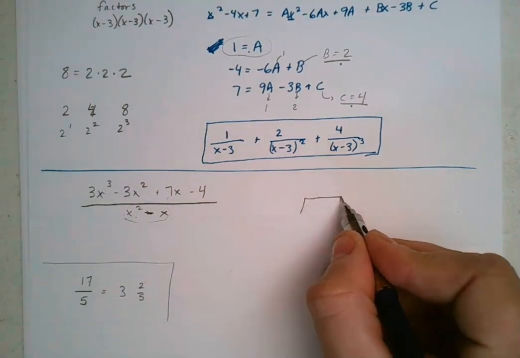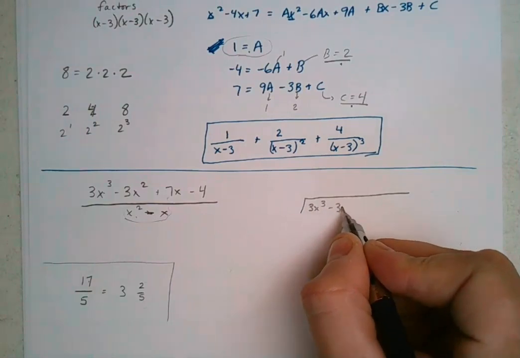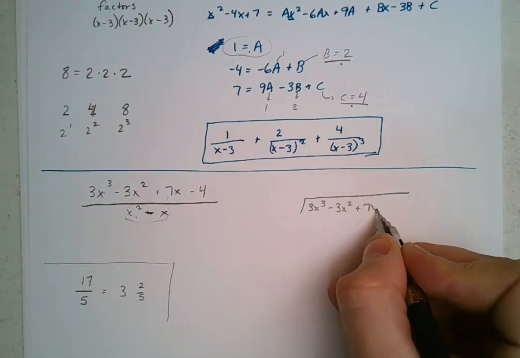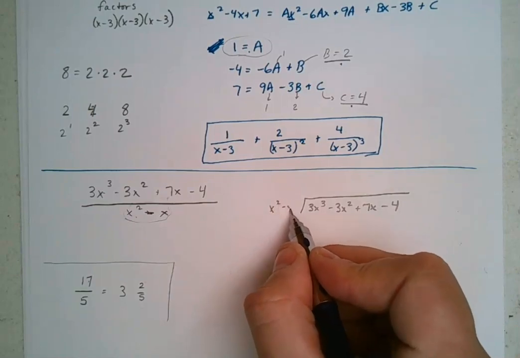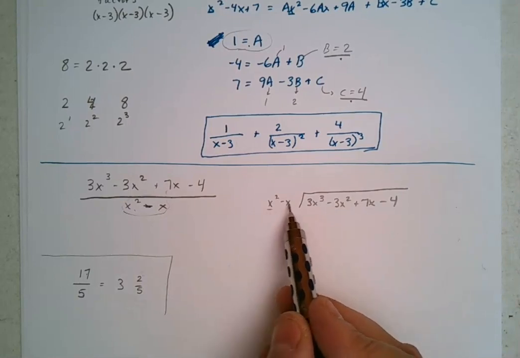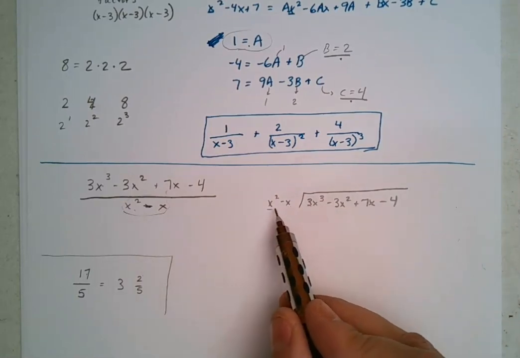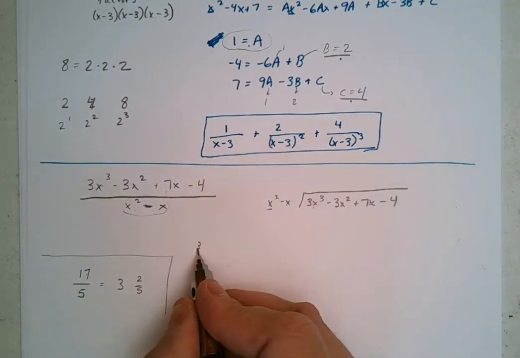So here we go. 3x cubed minus 3x squared plus 7x minus 4 divided by x squared minus x. And remember, we always divide by this and then multiply by both. So how many times will x squared go into 3x cubed? So you can do 3x cubed divided by x squared.